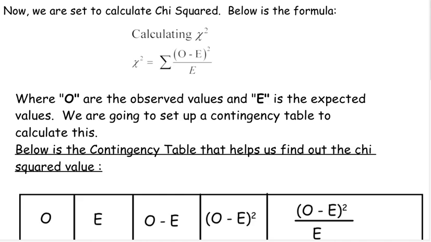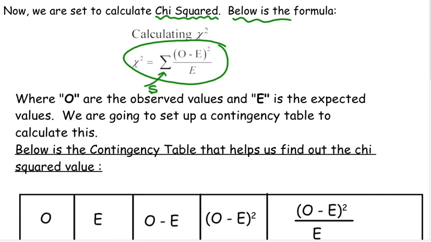All right, and that's what's leading us to our formula. To calculate the chi-squared value, we're going to use this formula right here. Now, if you want to use the formula as it looks in one big equation, you can do so, and that's fine. This represents the sum.